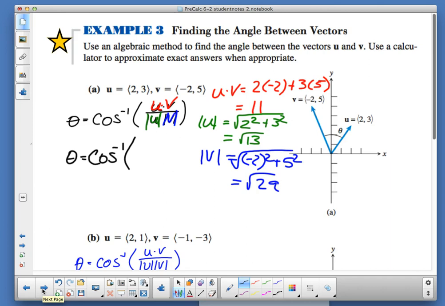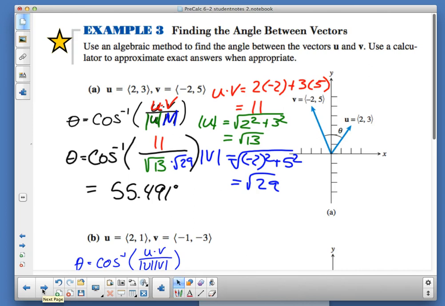My mode's got to be degrees to make this work. u dot v is 11, over square root of 13 times square root of 29. And I close it off. But making sure that your calculator is in the right mode is a big deal as we step through this. Check, make sure you've got that degree.